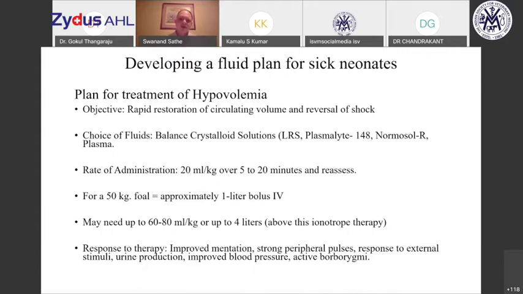If foals fail to respond to these extremely high volumes of fluid, then instead of trying to pump in more fluids, you need to start resorting to inotropic therapy using dopamine or dobutamine. Otherwise, you risk drowning the foal, literally causing overhydration.